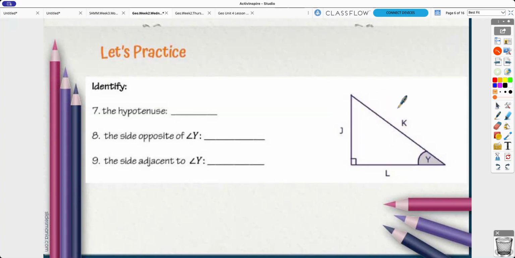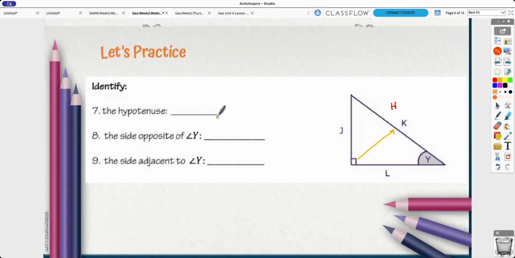Okay, for this one, we have this right triangle, and the sides are named JKL. The vertices here are not named, so we're given the letter that corresponds to each side. So here is your right angle. Across from the right angle is our hypotenuse.